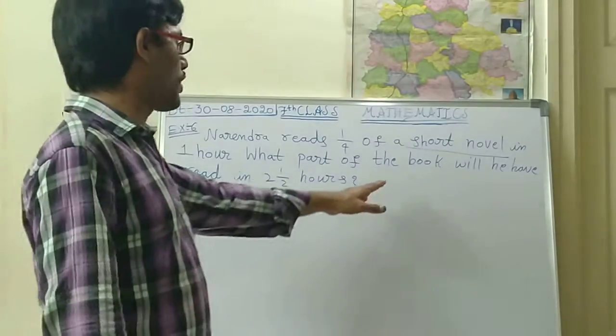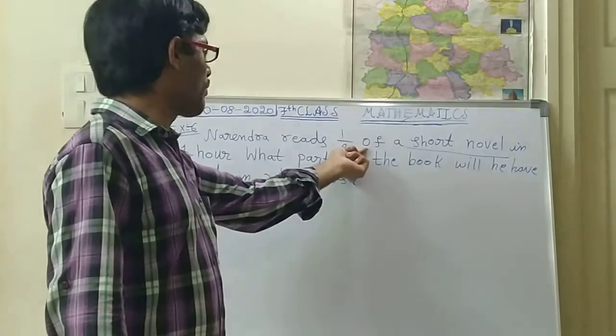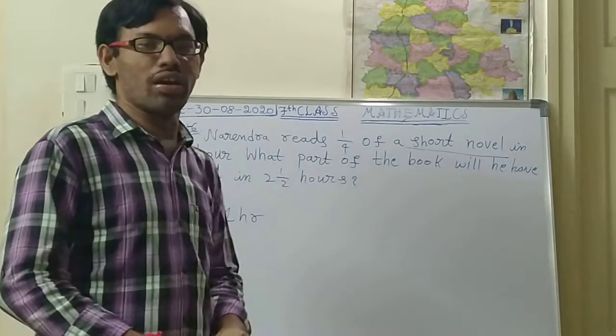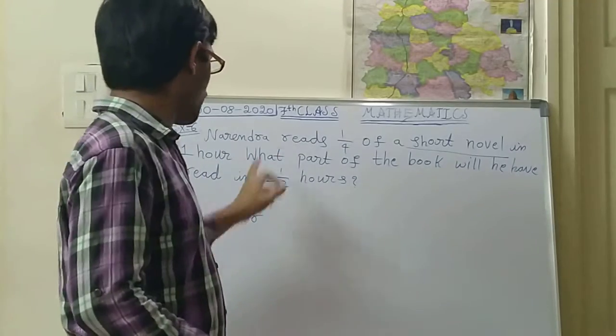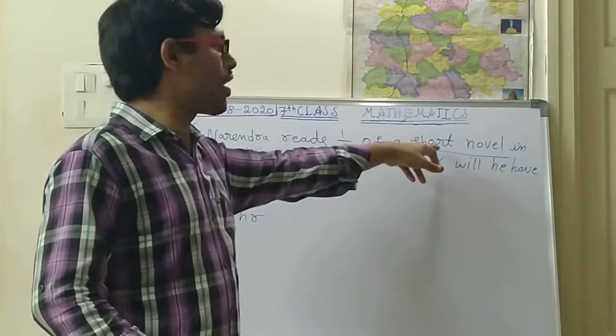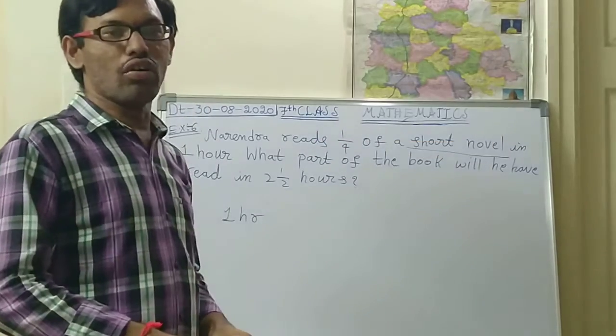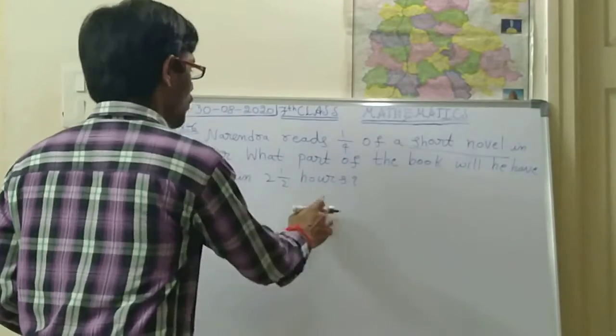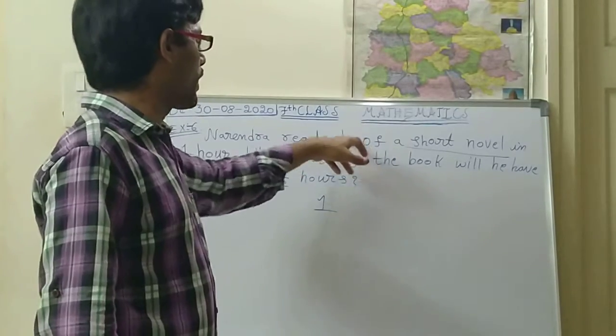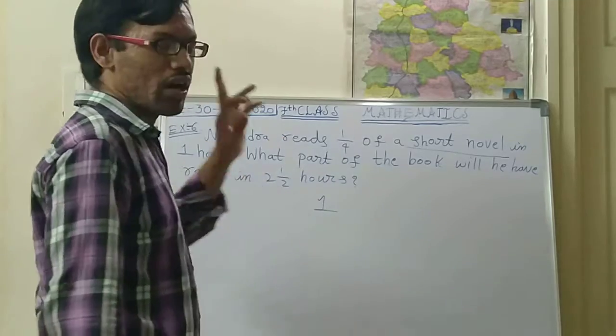He took that and read 1/4 part of it in 1 hour. So the total novel is 1, and in that he read 1/4 part in 1 hour.